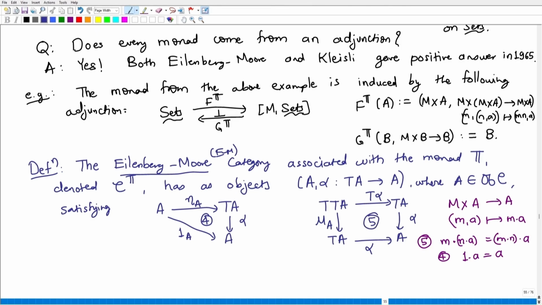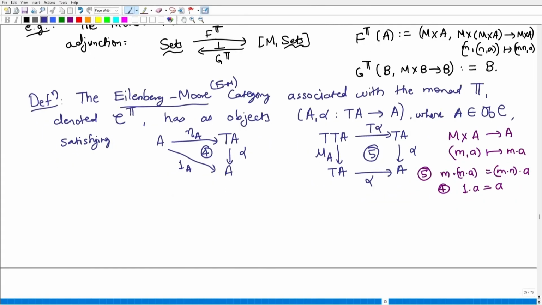You have seen group actions, so monoid actions are similar, and these are the two properties which you want. So good. So the Eilenberg-Moore category associated with this monad has these as objects and what as morphisms? Well, let me say that.